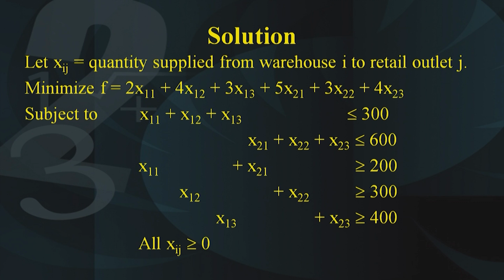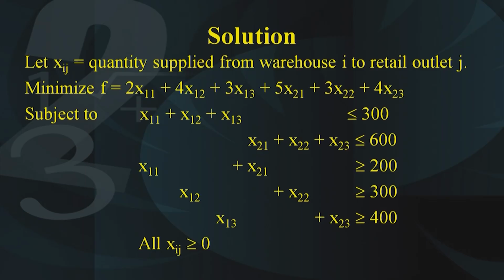Now, since the supply and the demands have to be met, we need to impose the following constraints: x11 plus x12 plus x13 should be less than or equal to 300, and similarly x21 plus x22 plus x23 should be less than or equal to 600.